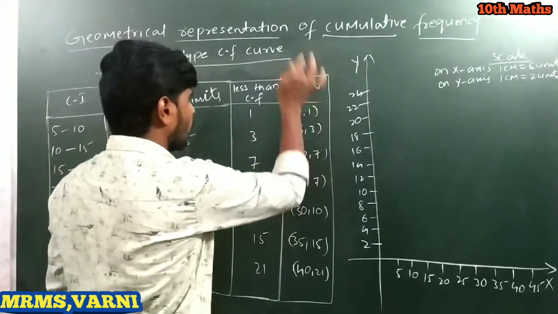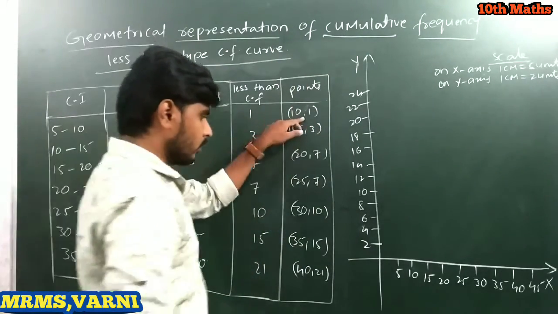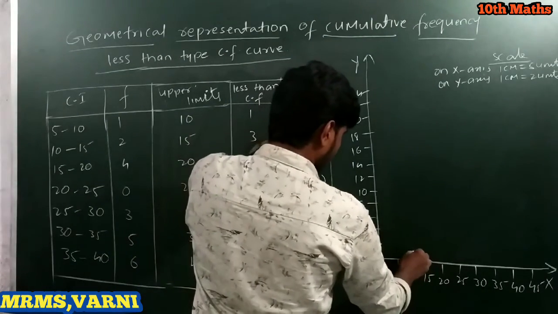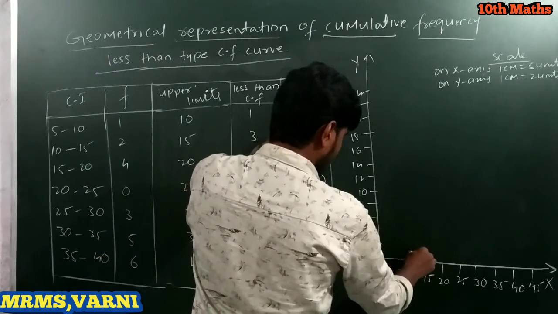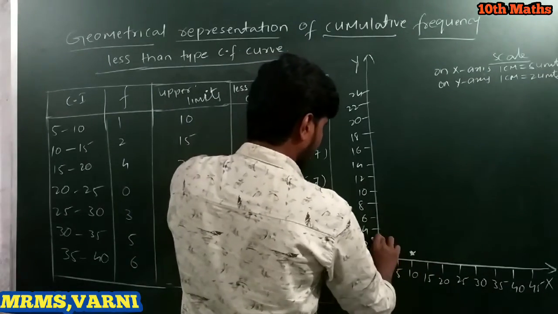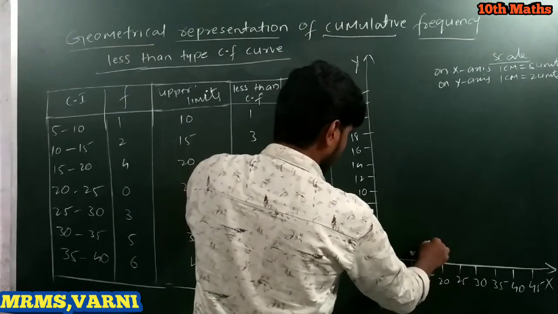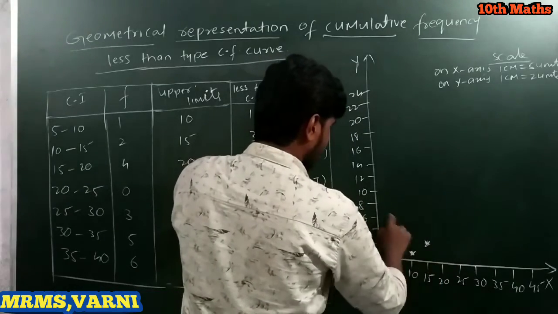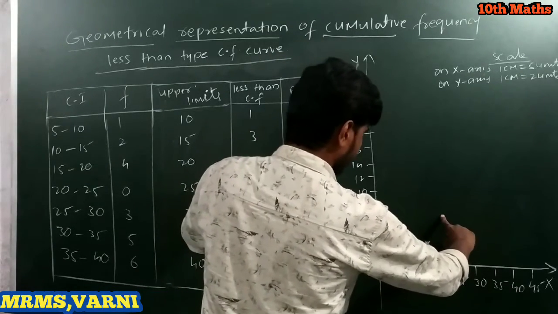So 10, 1: it is 10 comma 1. 10 is here, 1 lies here. Yes, this is 10 comma 1. Next 15 comma 3, 15 is here, 3 here it is. Next 20 comma 7, 20 is here, 7 lies here.